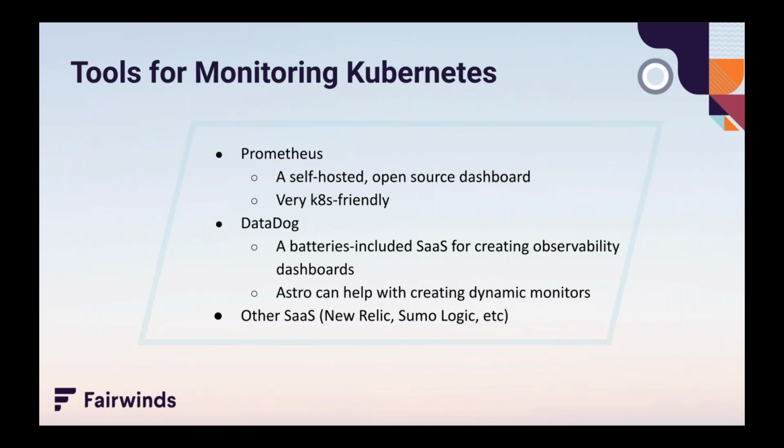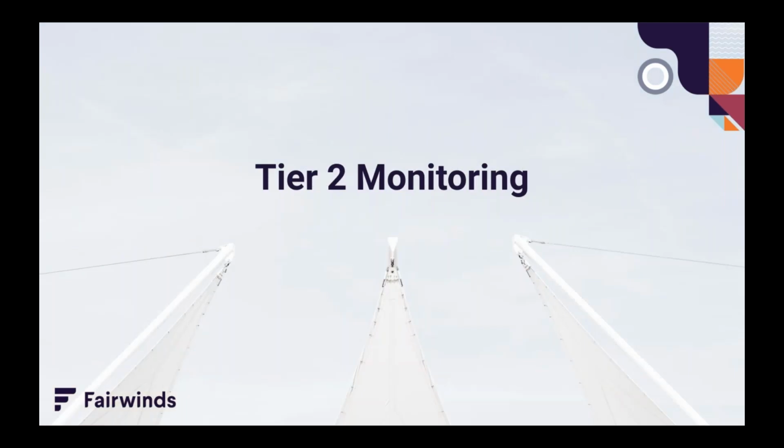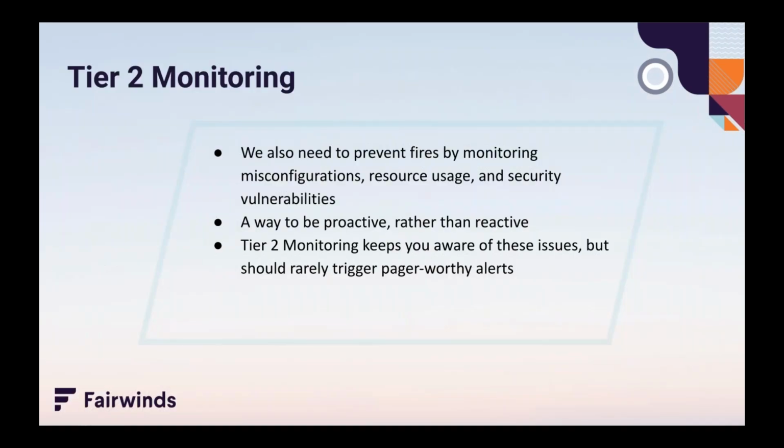All right, let's jump into a new topic here around tier 2 monitoring. Tier 2 monitoring is something we mentioned earlier in the presentation as sort of an area that helps organizations stay on top of preventing problems from entering their cluster. And so, as an organization who's leveraging monitoring best practices, there becomes a point where you also want to, instead of just reacting to issues, be able to prevent and add more proactiveness to your monitoring strategy.